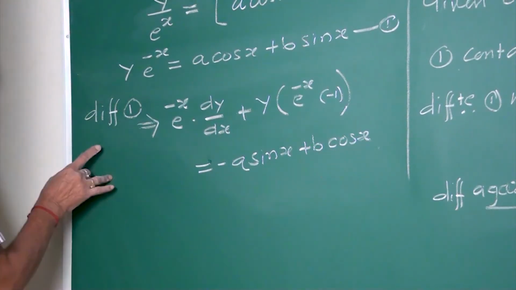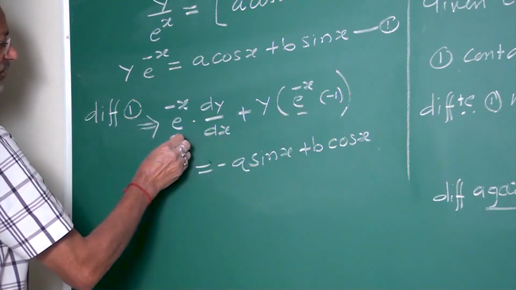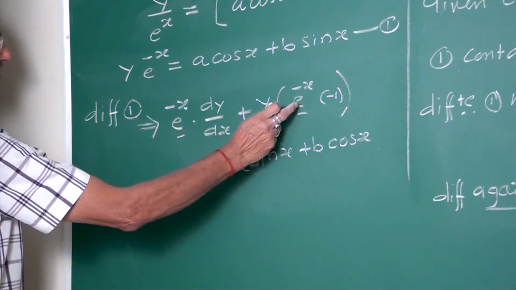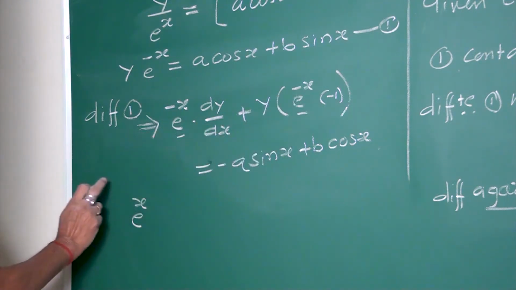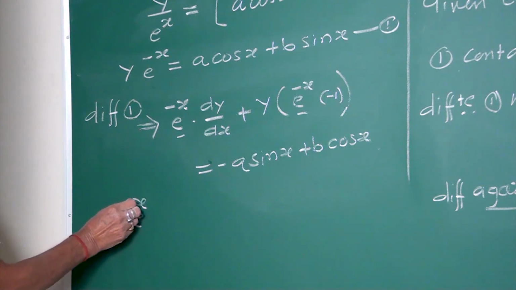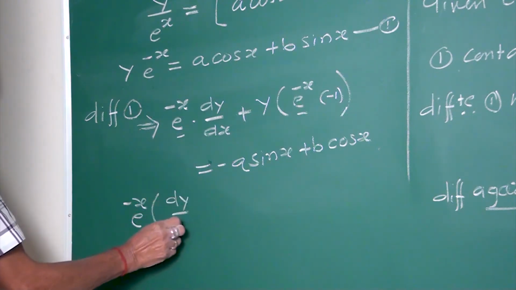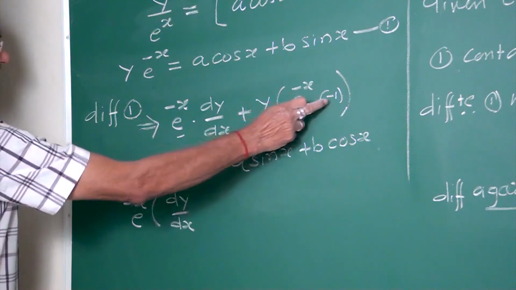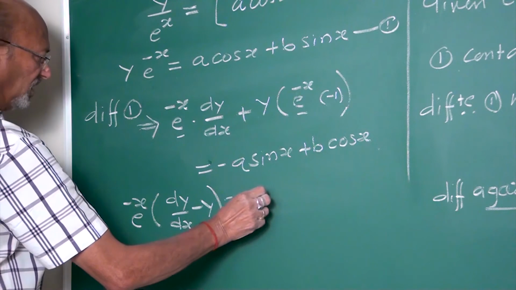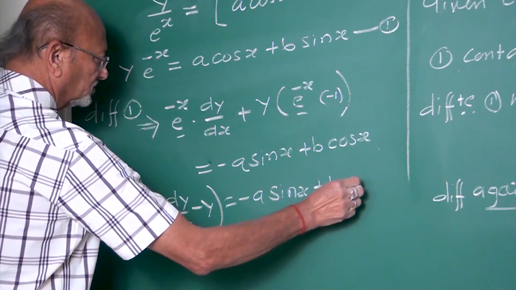This is the first differentiation. What is your observation, my friends? e to the power minus x is common. You are left with e to the power minus x into (dy by dx minus y), equal to the right side: minus a sin x plus b cos x.